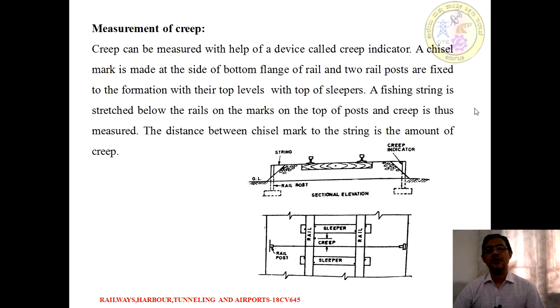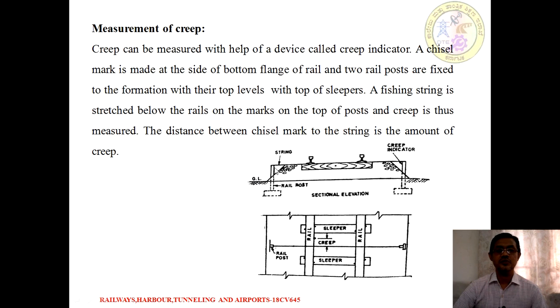So how are we going to measure the creep? Creep can be measured with the help of a device called a creep indicator. Take, for example, two sleepers, a first sleeper and a second sleeper.